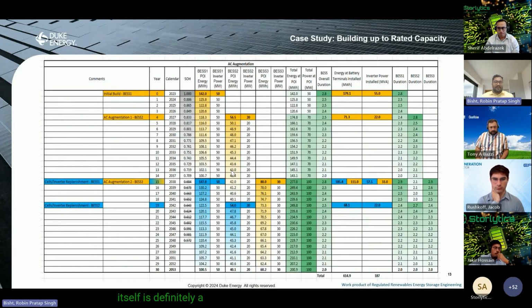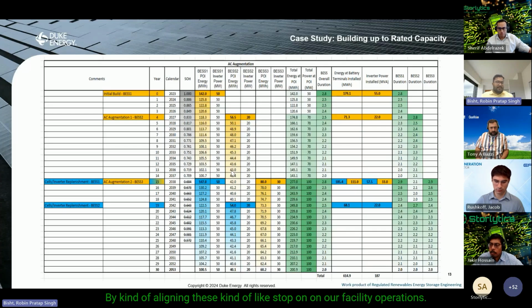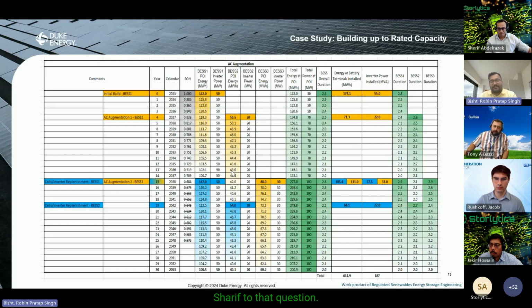It's definitely a difficult optimization, because the cell and inverter replenishment with the augmentation can be a bit different based on the degradation that you're seeing. So we tried to align our downtime as much as we could for this project by aligning these stops in our facility operations. I hope that gives some insight, Sharif, to that question.